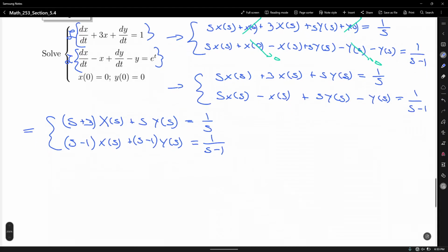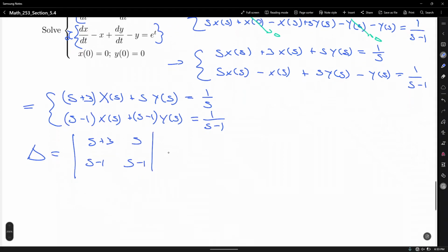Let me at least do the delta. So the delta would be the determinant with rows s plus 3, s and s minus 1, s minus 1. So this would be (s plus 3)(s minus 1) minus s(s minus 1).